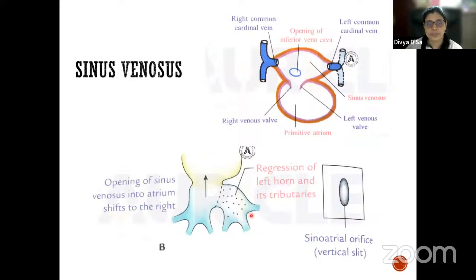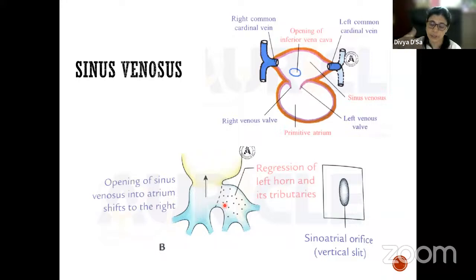Later on, there is regression of the left horn and its tributaries. Basically, on the left side, the blood coming through the left common cardinal vein decreases because an anastomosis establishes between the left anterior cardinal and right anterior cardinal. So all the blood is shunted towards the right side.